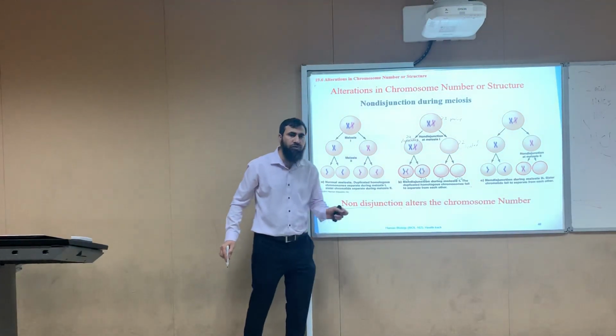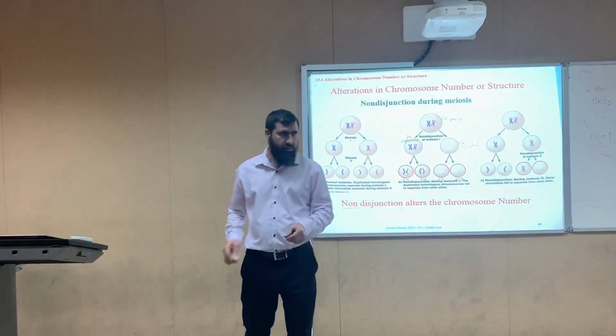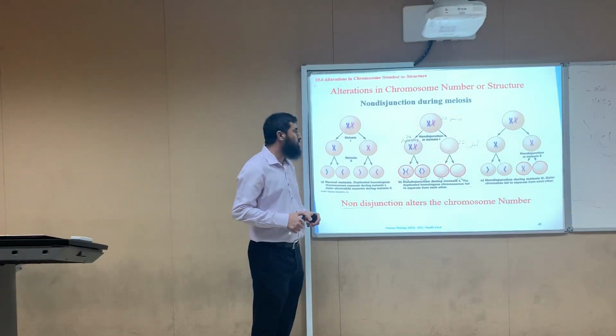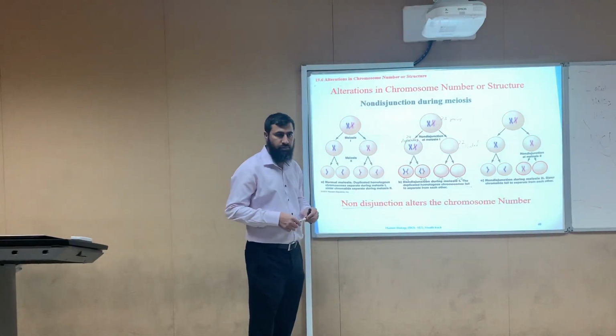Because meiosis 2 separates what? Sister chromatids. So this is one way of getting a non-disjunction of chromosomes.